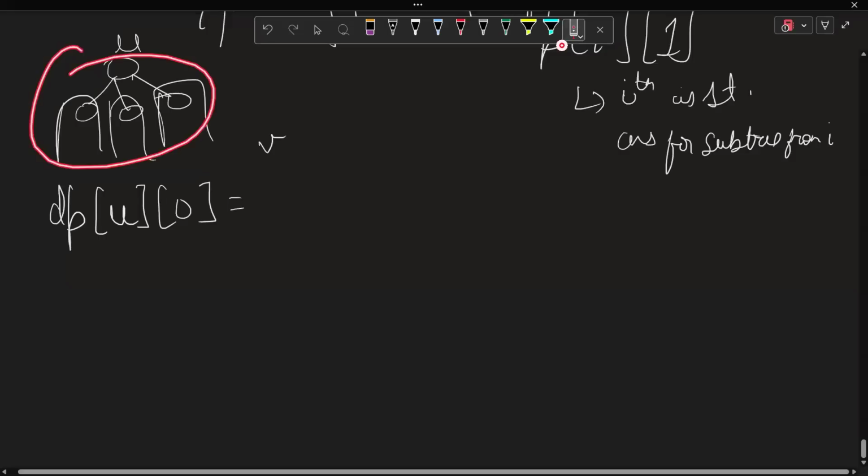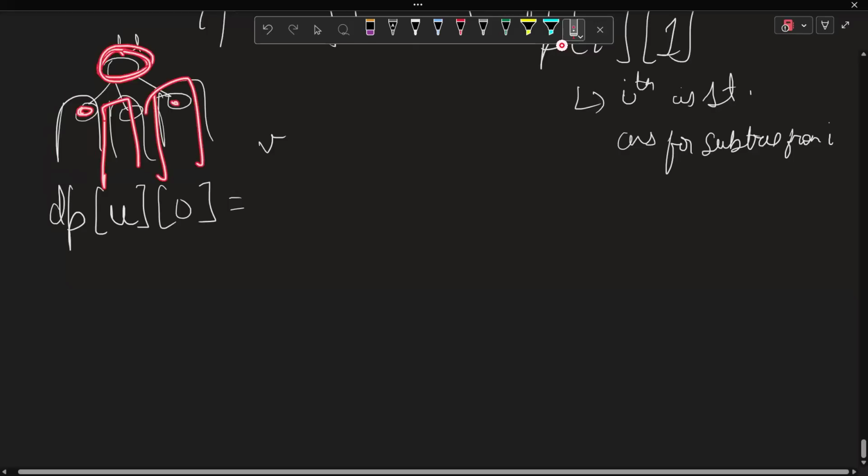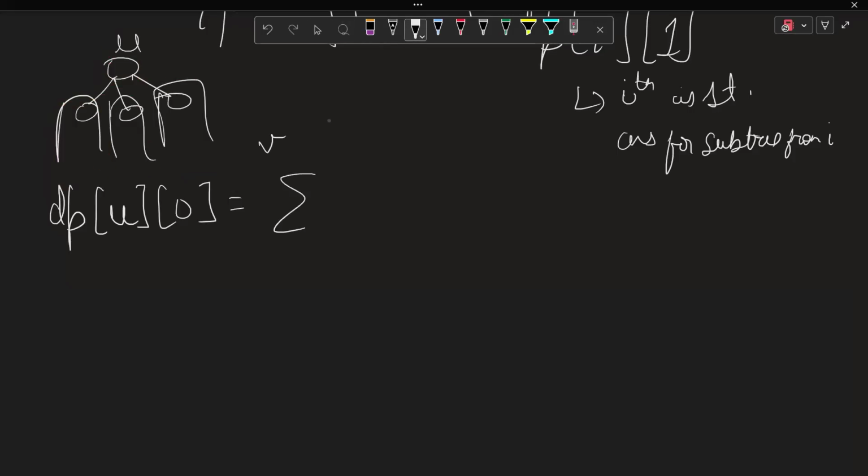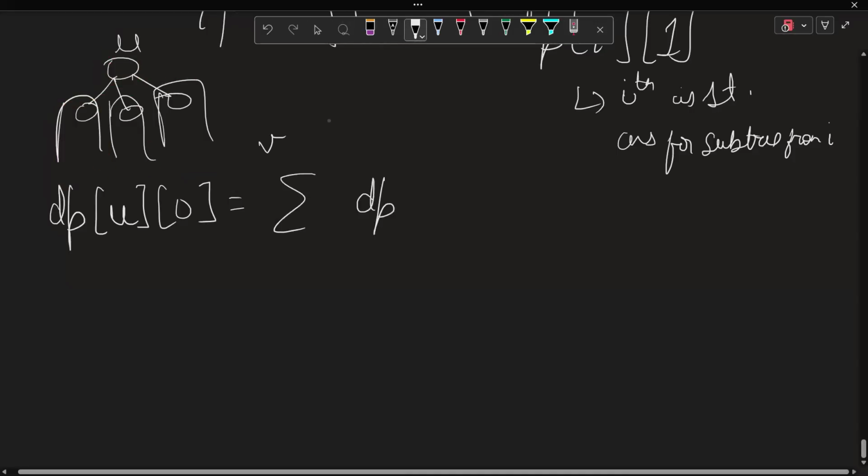So for this state, I'm saying that u is not selected. If u is not selected, that means my answer would be the maximum answer for each child subtree, whether v is selected or not selected, it doesn't affect it, because u is not selected, so it is not affecting these values. So it would be just the summation of dp of every v, where v belongs to the children of u.